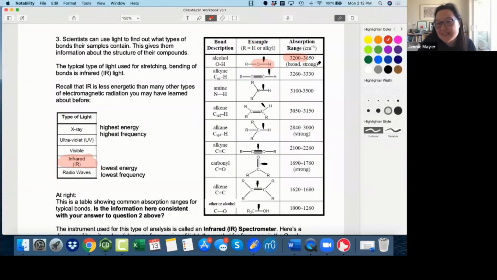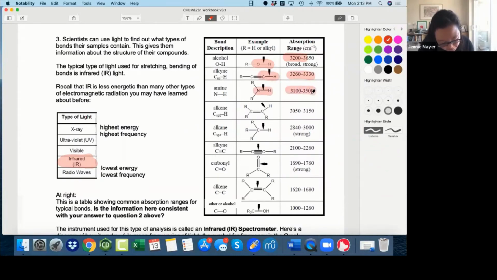Those are some ideas for me as a chemist. If I see a peak at 3200, I'm like, oh, that could be an alcohol, or that could be an alkene, or that could be an alkyne. Right here, 3300 is almost in that range also. So basically, I'm looking at this bond right here.